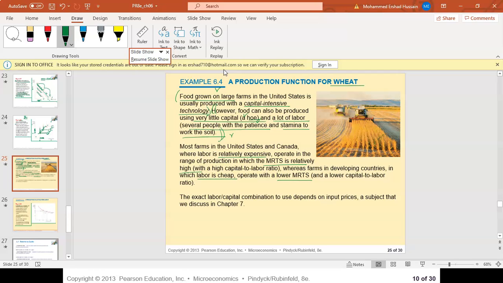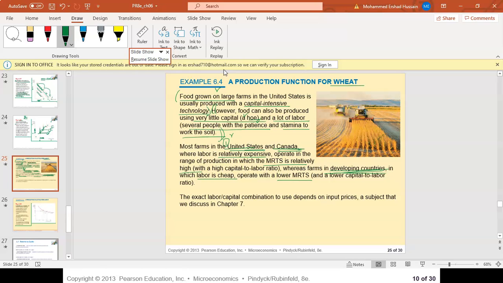So you see, it depends on the cost of resources. In the US and Canada, labor is more expensive compared to the cost of labor in developing countries. So based on that, producers want to minimize costs. This is why in developing countries, they want to use more of the cheaper factor of production, which is labor, and less of the more expensive factor of production, which is capital.